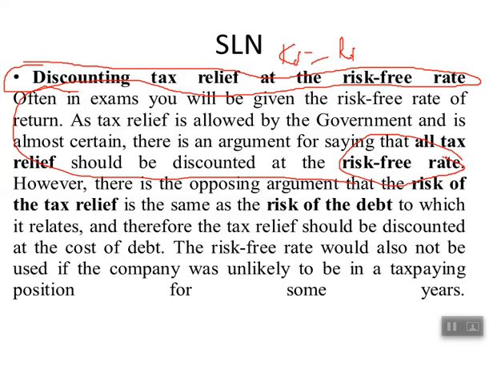Please, I want to repeat this for you to grasp it very well. In an examination question, if the question has given a cost of debt and a risk-free rate, because the government has given a relief, we consider the relief as risk-free. So when you are discounting the tax relief given by the government, you should use a risk-free rate.